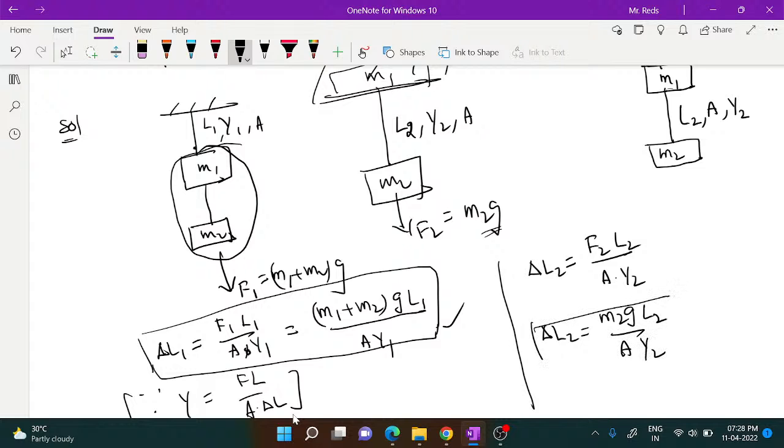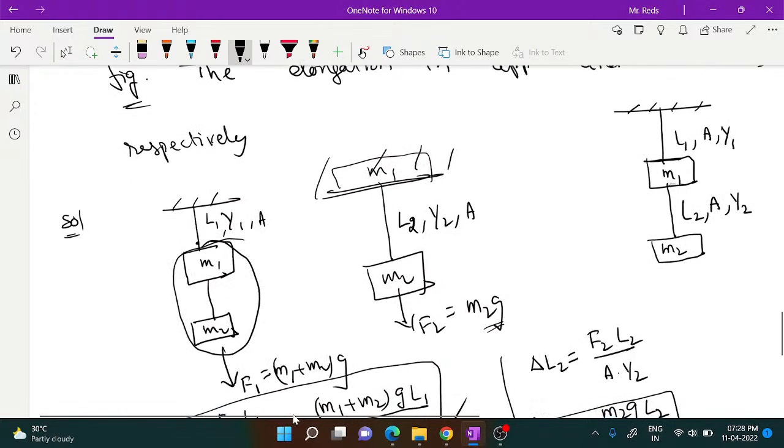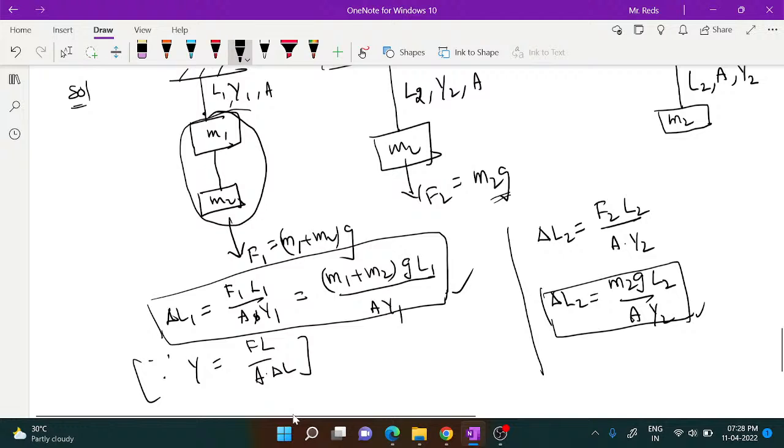This is the elongation produced in the second one. This is how you have to take this question. Here we have L1, L2, delta L1 and delta L2.